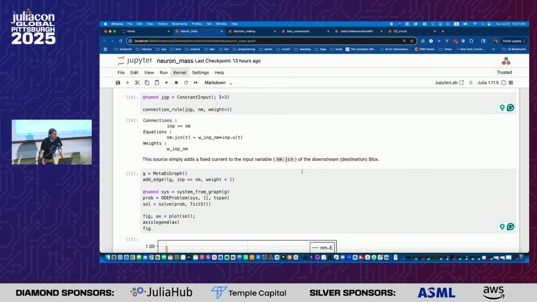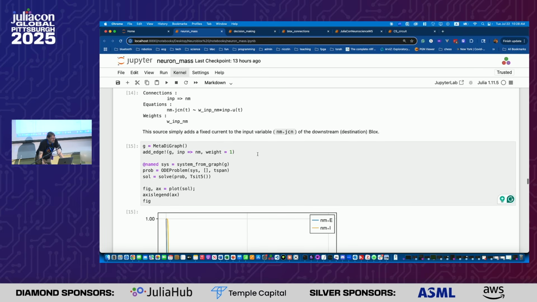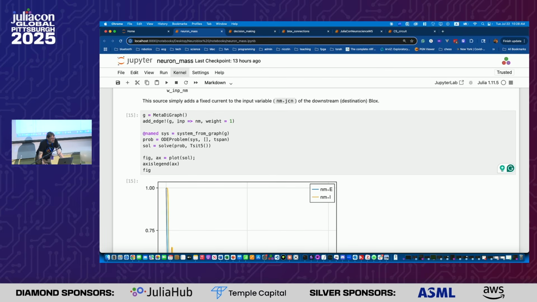Okay. So what we're doing here now is we essentially created a constant input, right? Of a current of 3. And then we connected this input to a Wilson-Cowan model that we had defined earlier.